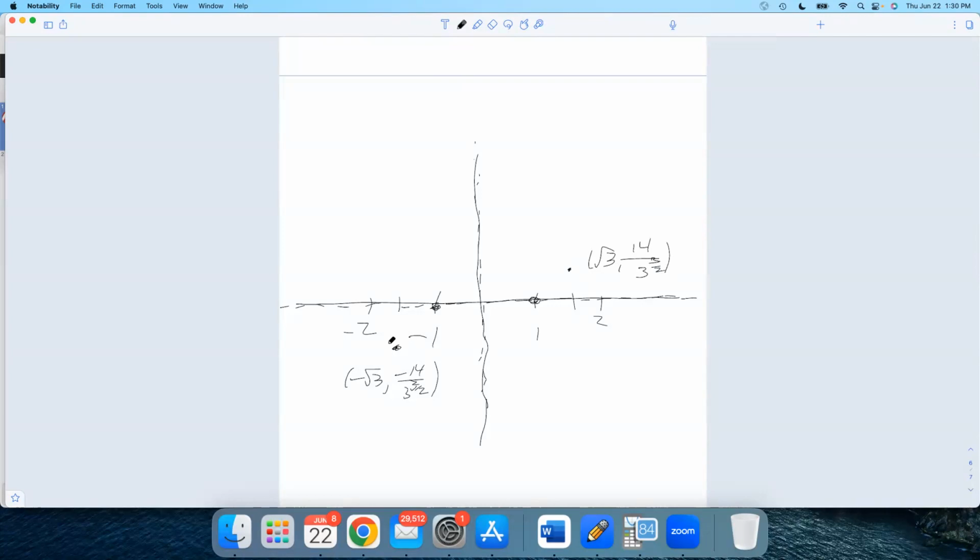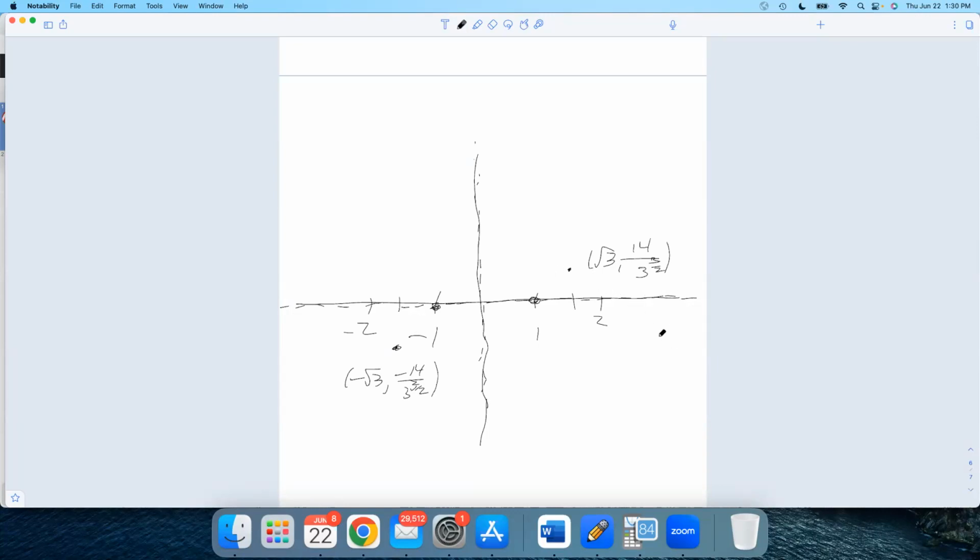Our graph is going to do something like this. And then our graph, we know we're increasing, and I kind of already know what the graph's going to do. I'm crossing over my horizontal asymptote here. If I'm looking backwards, I'm going to be approaching this asymptote. And then over here, I know I'm going to come up, hit that maximum, and then decrease back down.